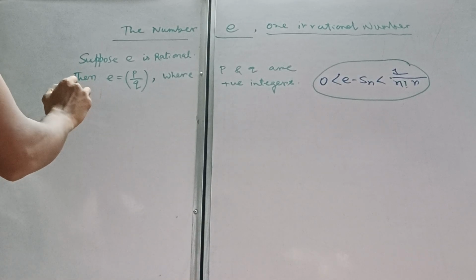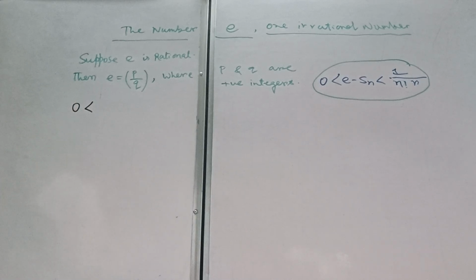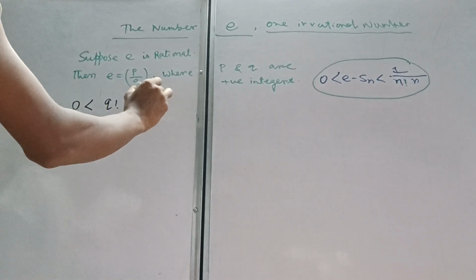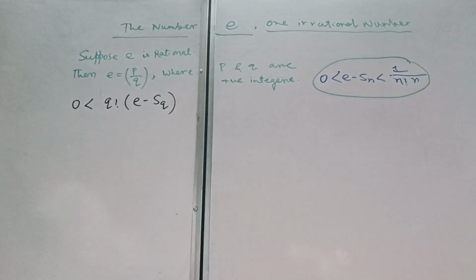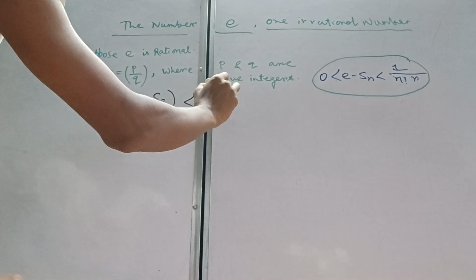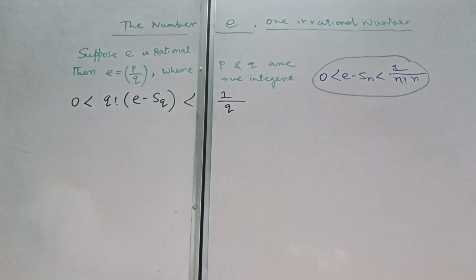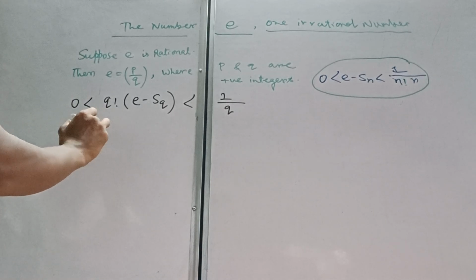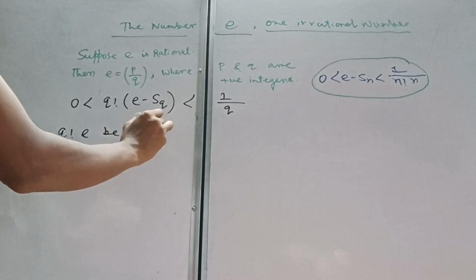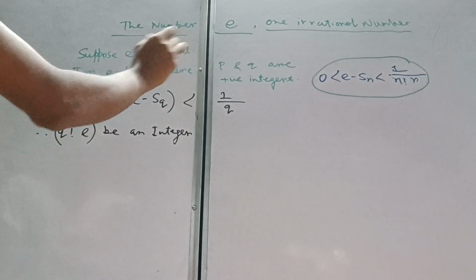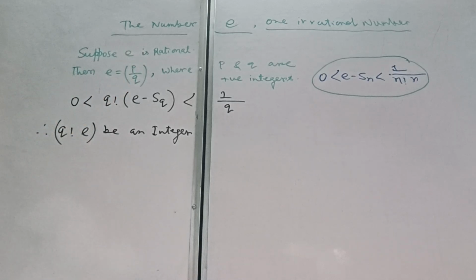Now here 0 less than q factorial times (e minus Sq) is equal to this one, which is less than 1 by q. Then here q factorial e is an integer, since e is rational and equals p by q.